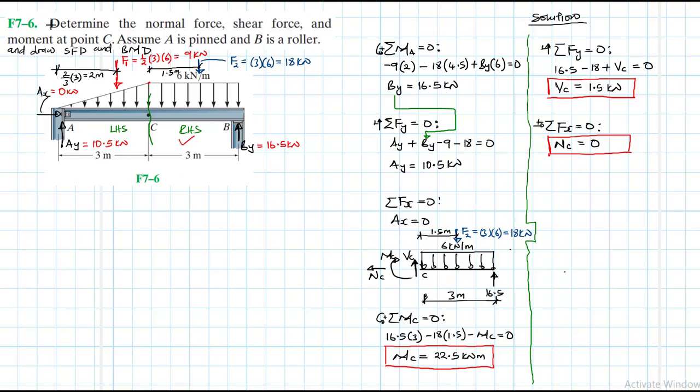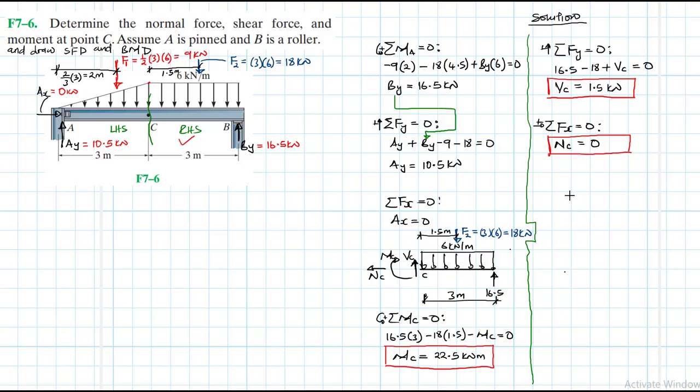So let's draw the shear force and the bending moment diagram. For us to draw this, we are going to use the differential equations that relate the distributed force to the shear force and the shear force to the moment.